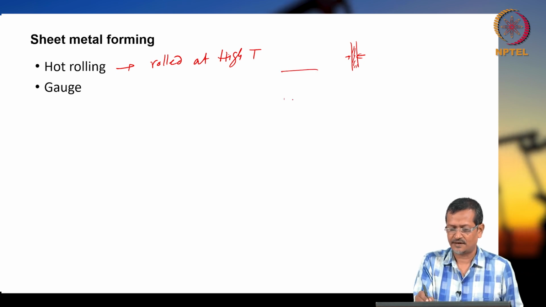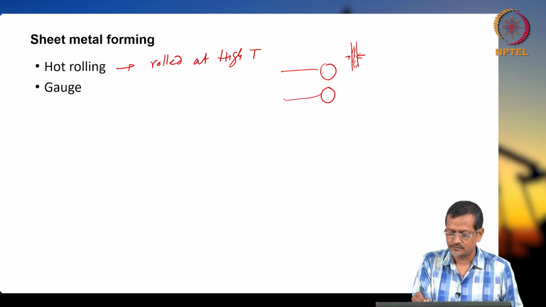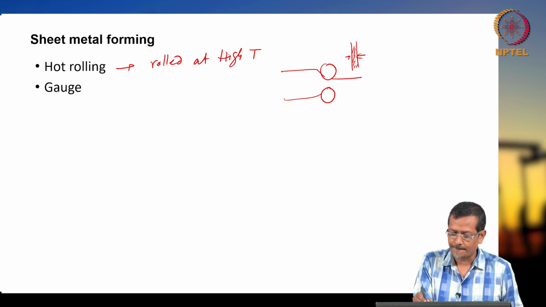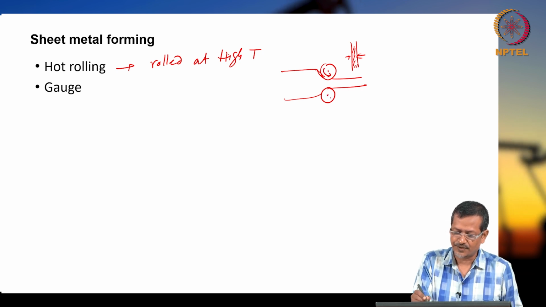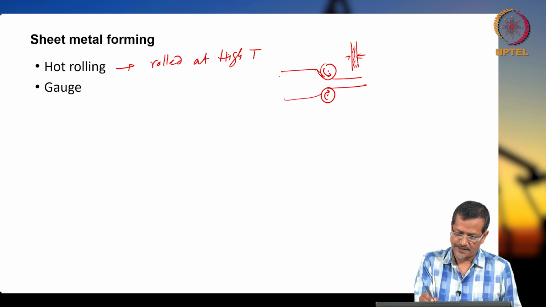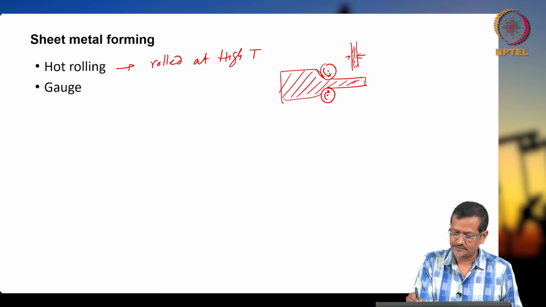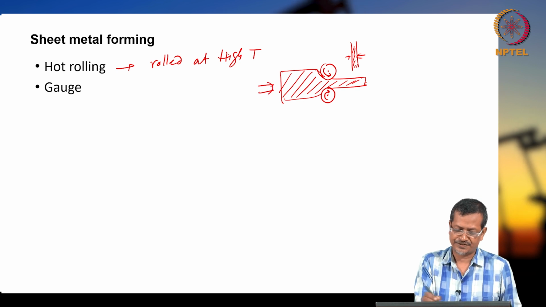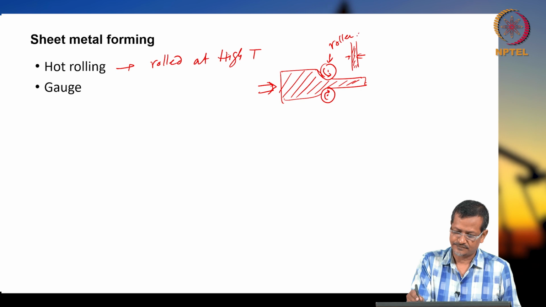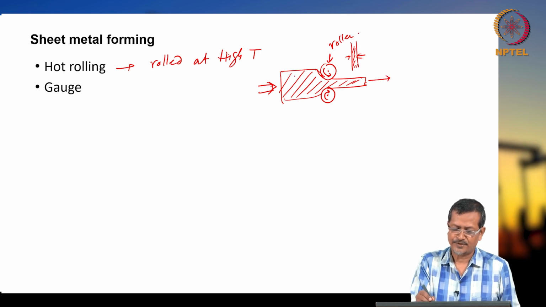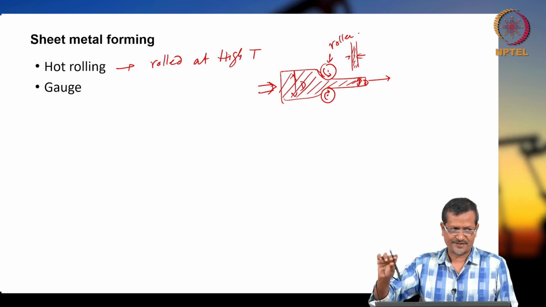You take a steel bar like this, then you pass it through two rollers, and give rotation of the roller like this, and you are pushing this in this direction. This is the roller. So what will happen? The dimension will change. That way you are making sheet actually.